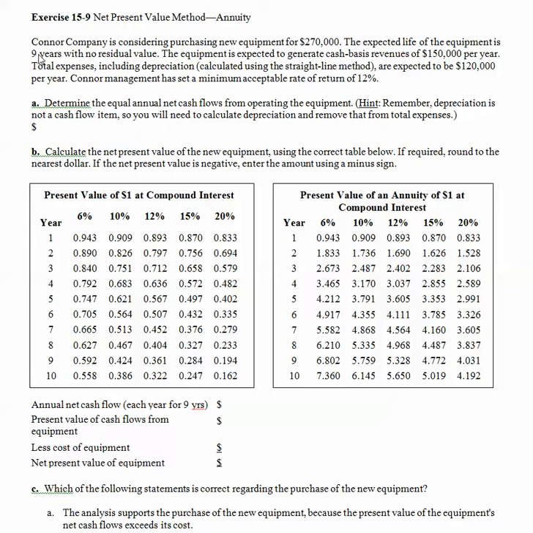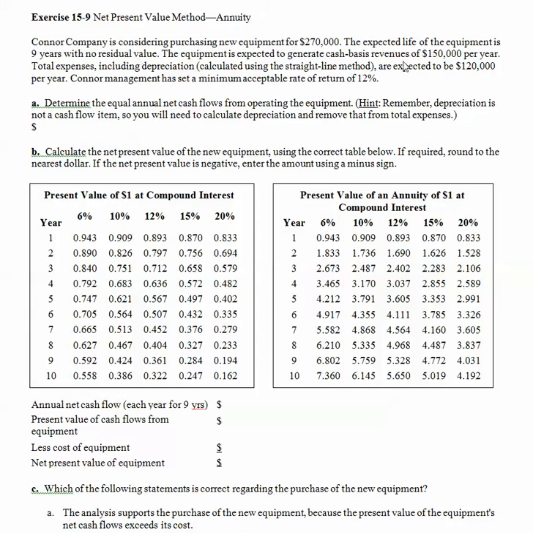An annuity is a flow of payments that is the same each year. In this exercise, we have a different company, Connor Company, that is considering purchasing equipment for $270,000. The expected life of the equipment is 9 years, and that equipment is not expected to have any value at the end of those 9 years.